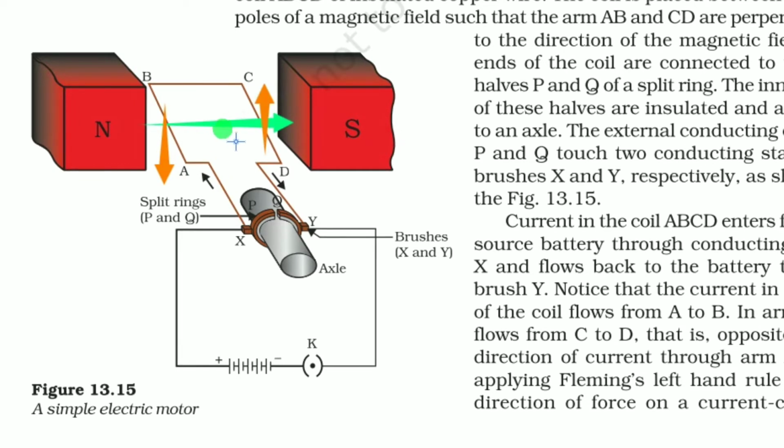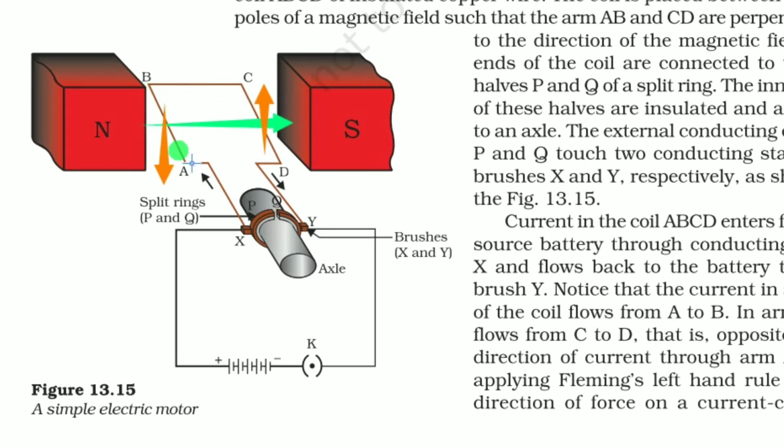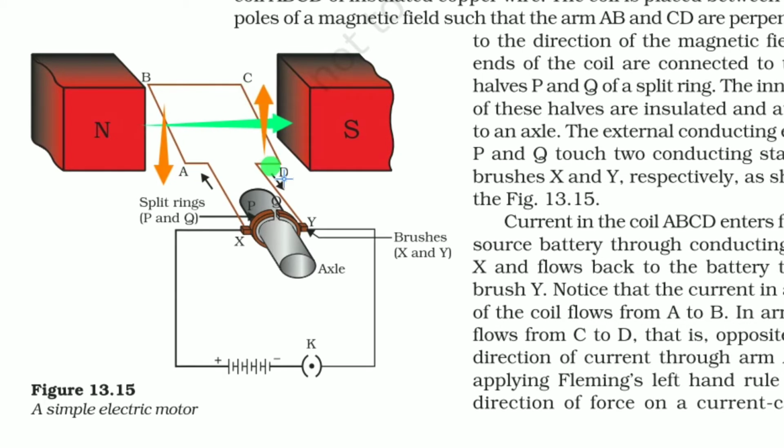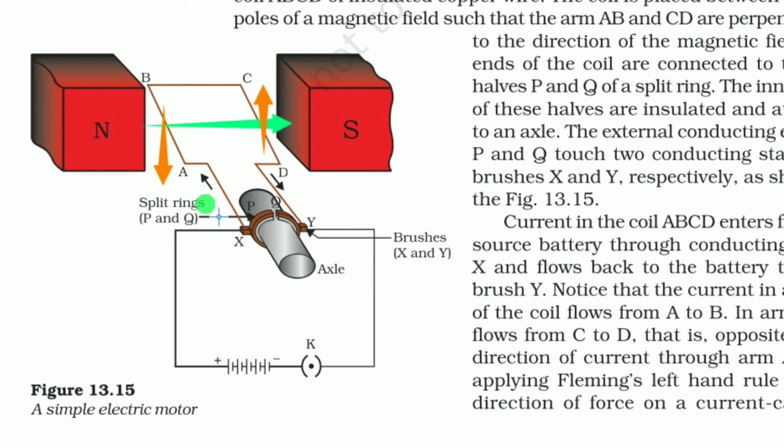So just remember, before the 180-degree rotation, the current is flowing in AB from A to B, and current is flowing in the CD arm from C to D. But when the CD comes to the AB position, the current automatically reverses due to the split ring.